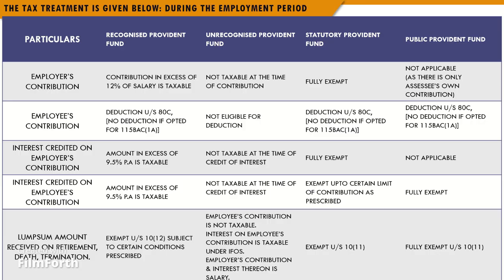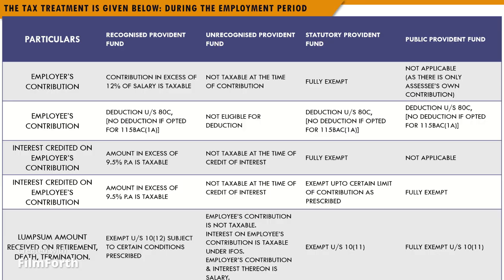Employee's contribution is eligible for deduction under Section 80C, wherein the employee exercises the option of shifting out of the default tax regime provided under Section 115BAC(1A). Interest credited on the employer's contribution amount in excess of 9.5% per annum is taxable as salary under Section 17(1).